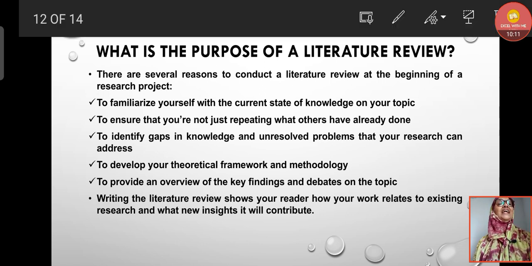These are excellent points you have to remember for the purpose, or you can take it as the need also. We can conclude with the purpose of doing the literature review.